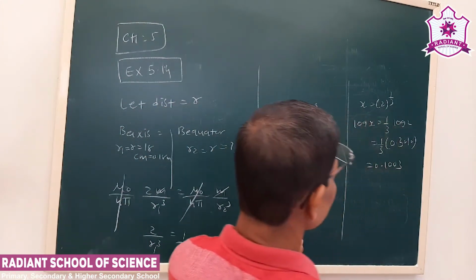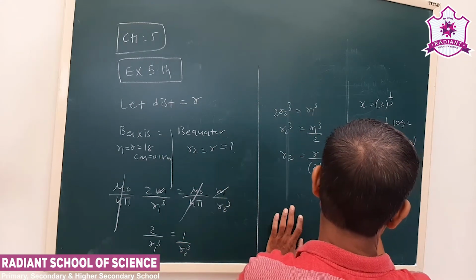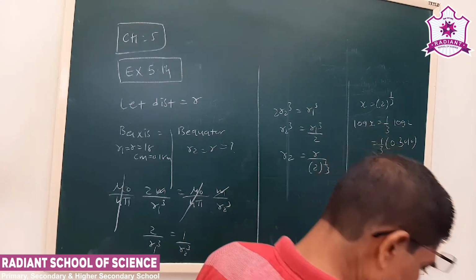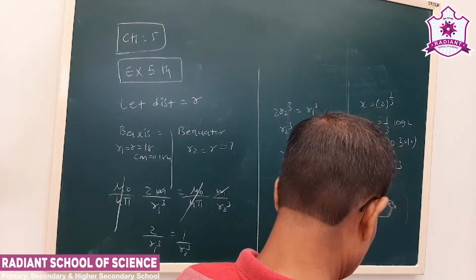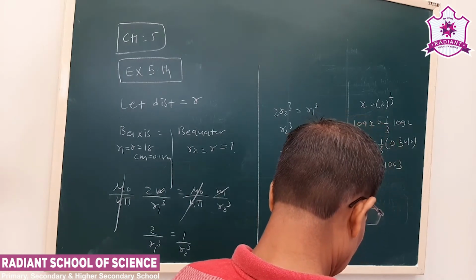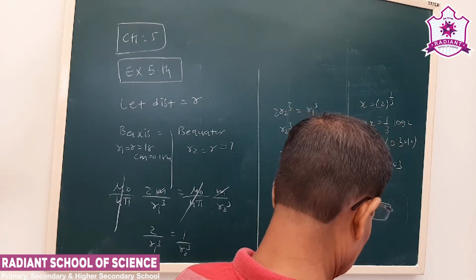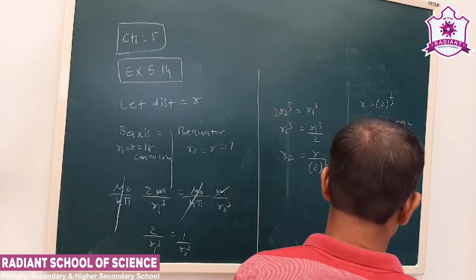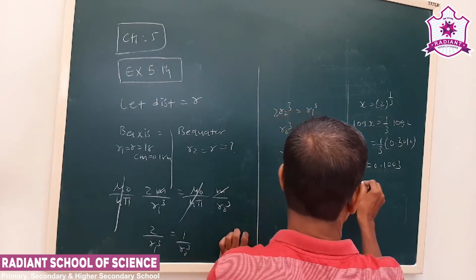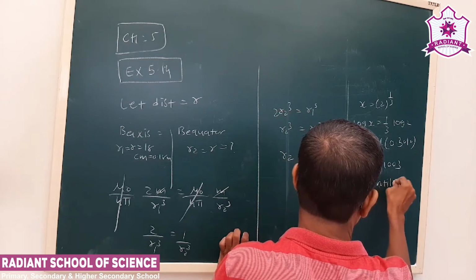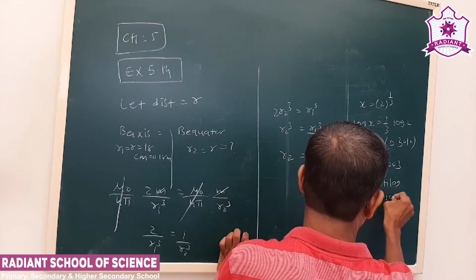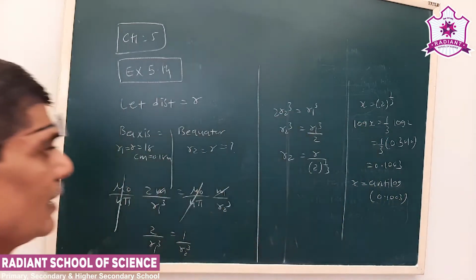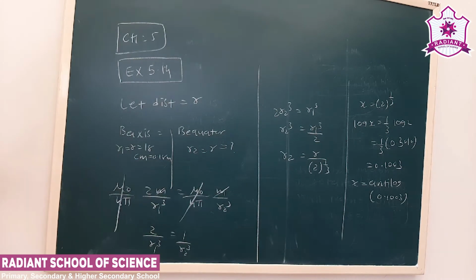So log x is 0.1003. By using this, you can find out that x is 1.29.